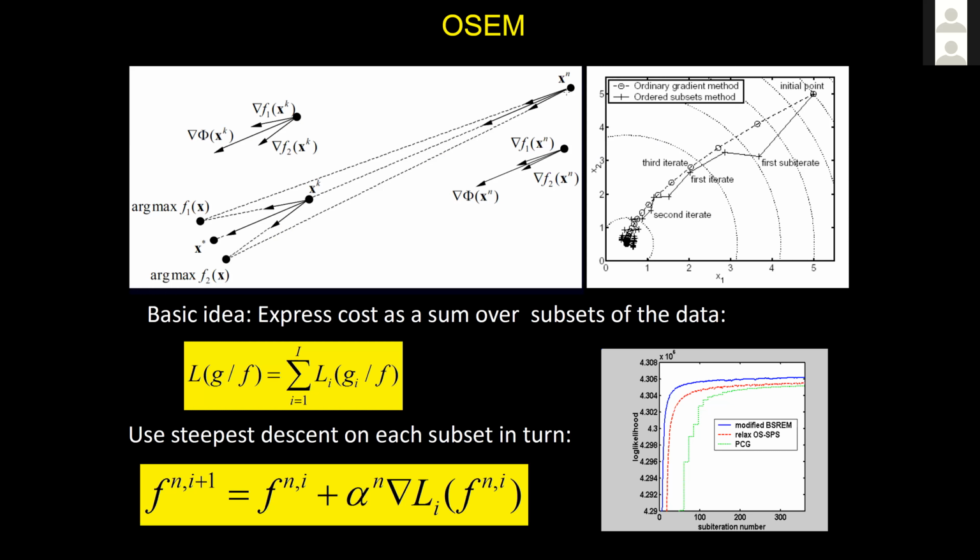At this time, if you just use one section of your data, or one section of that summation, to approximate the gradient, you get quite good results. It's not optimal, it's not correct, but it's not far away from the correct result.